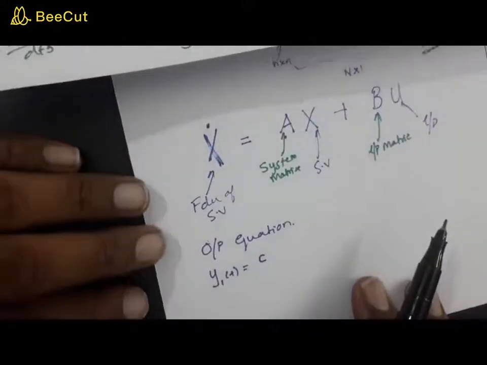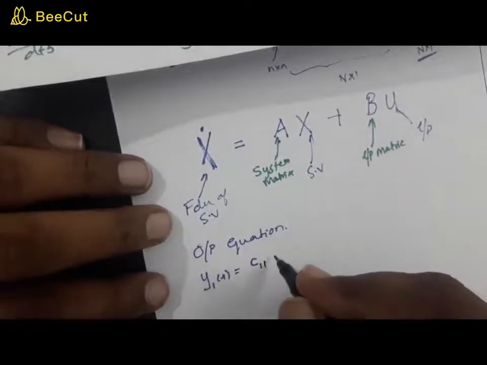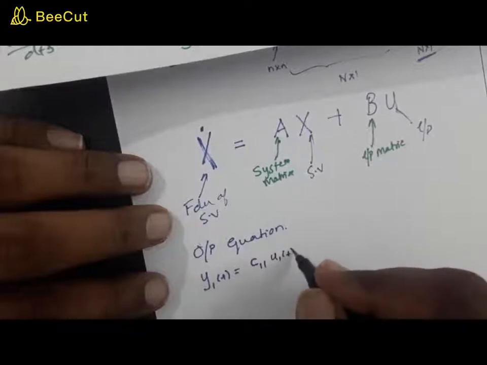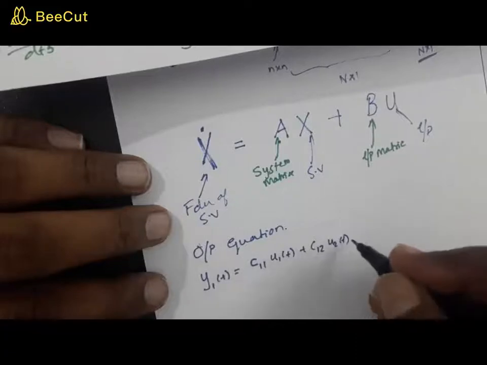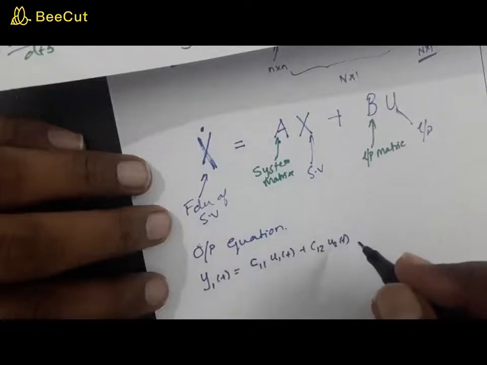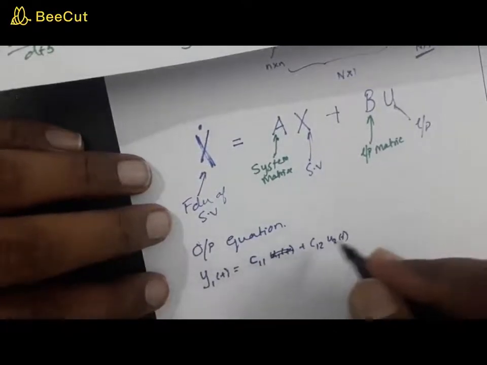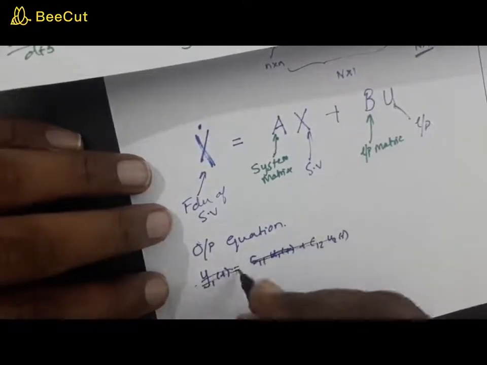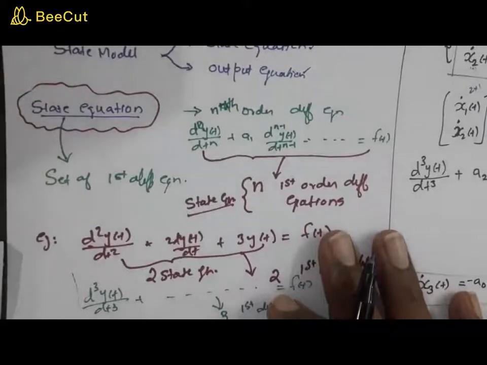I'm calling this C11 into u1 of t, plus C12 into u2 of t. Now, from the figure, the output equation is the function of these two variables, that is, the weighted sum of the input as well as the state variables.